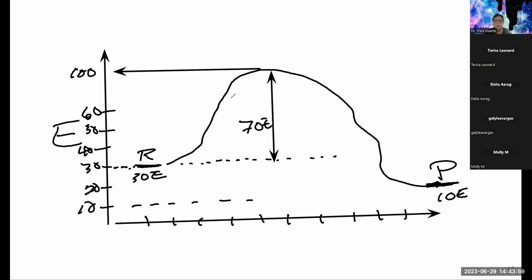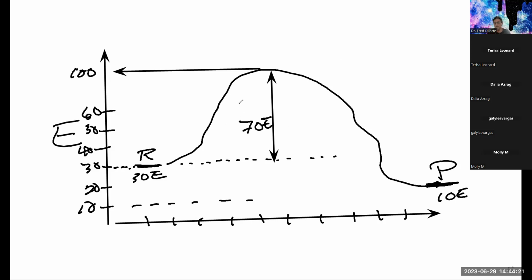Right? Do y'all see that? Whenever we measure the difference, we always take the value of where we ended up minus where we started. And so in this scenario, we started off at 30 and we ended up at 100 on top of the hill. Okay. So the difference is 70 units of energy.